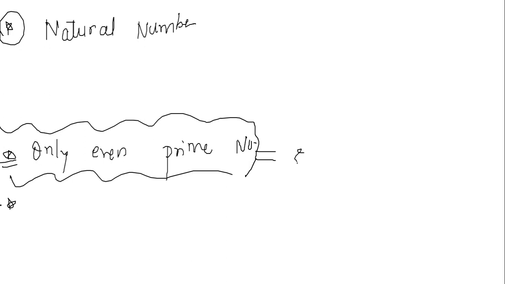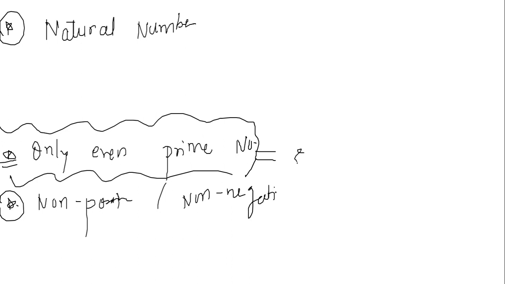The second important thing is the non-positive and non-negative integer. This is also important for the basics, and these basics are going to help you in the upcoming advanced lectures. So we'll be discussing this in detail. The next terminology that we'll be discussing will be the whole number.